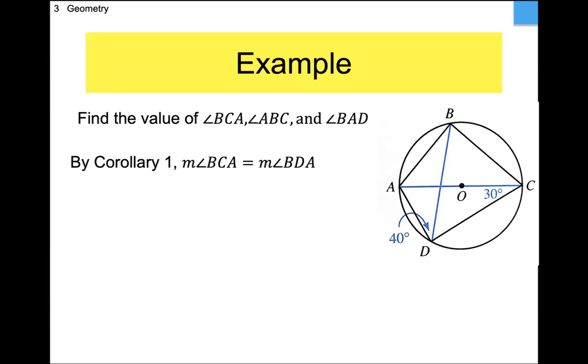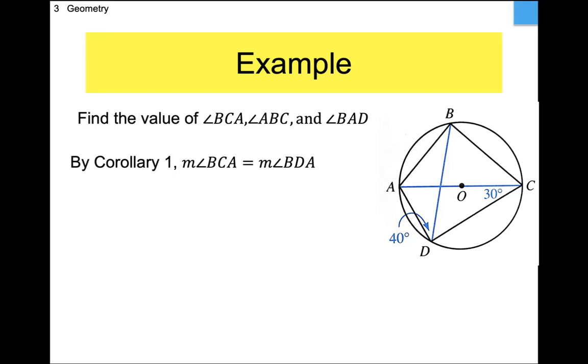Now, where am I getting that from? Trace BCA, and it makes the arc AB. And if I trace the angle BDA, it makes the arc BA as well. And look at where that arc is coming from. It's coming from the inscribed angle 40.